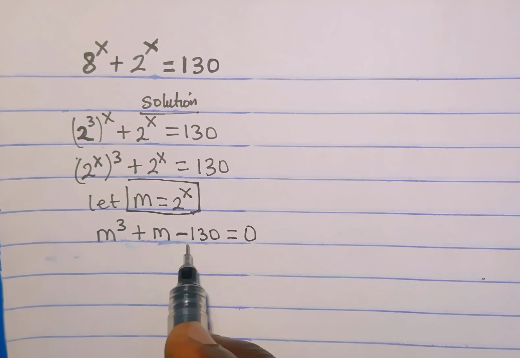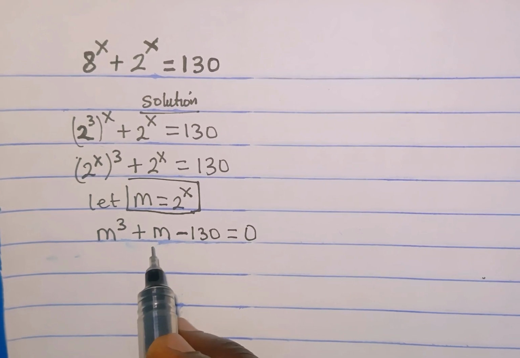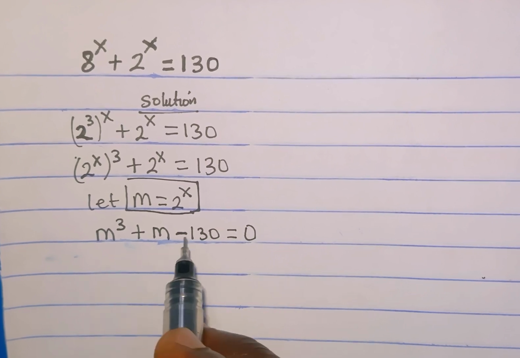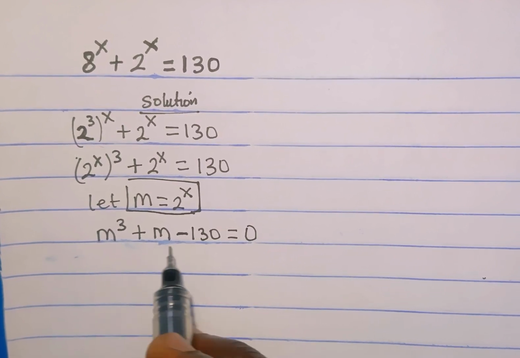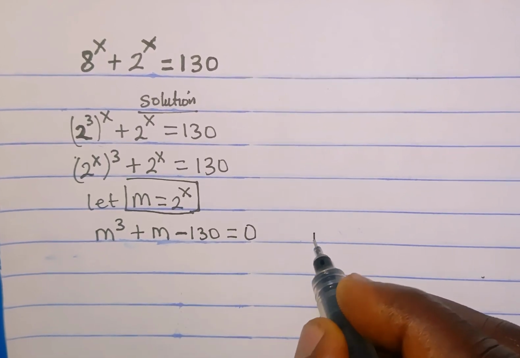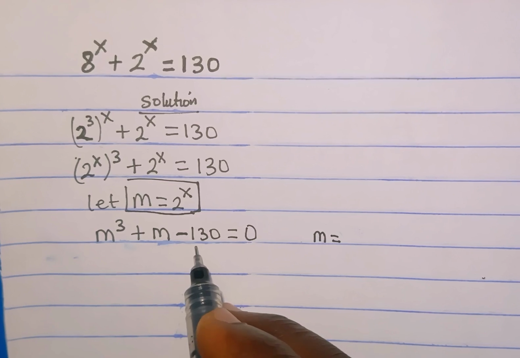To solve for the value of m from this cubic equation, we are going to do manipulation in this middle term, because we are going to use the factorization method. And to use the factorization method, we must have 4 terms. To have 4 terms in this equation, we work on this middle term. Do you know that this m here can also be written as 130? One of the factors of 130 is 26.